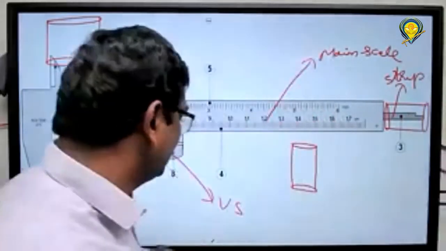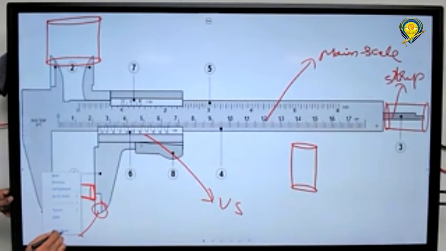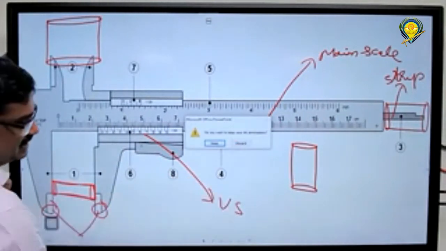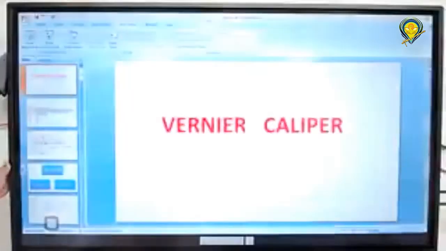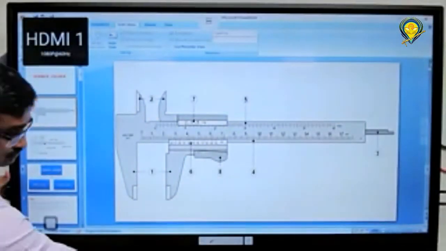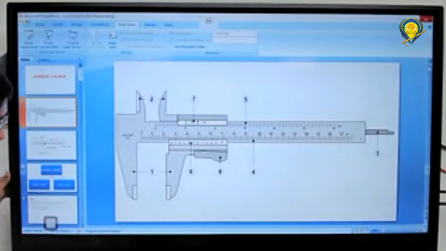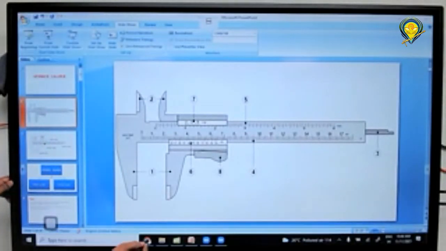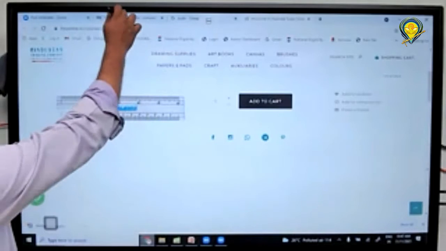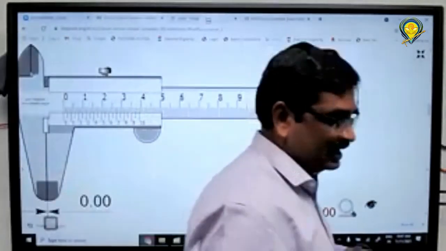Now, how are you going to fix that? So like this we need to fix.